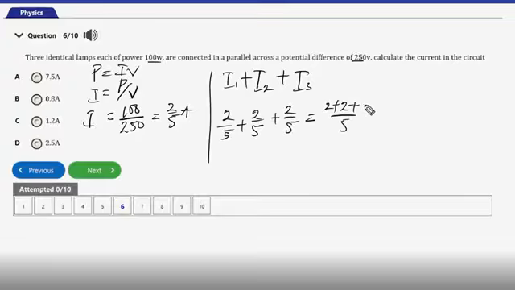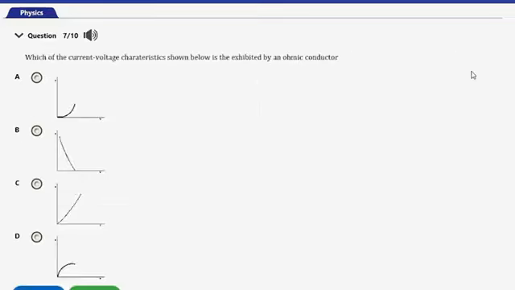The same here, 2. So that's equal to 6 over 5 here. So we're going to write 6 over 5. So guys, 6 over 5 is 1.2 ampere. And that's it for this question. So the answer to this question is option C here. So let's go ahead and consider the next question, guys. So that's question number 7 here.